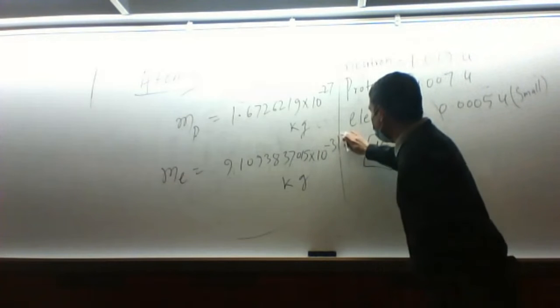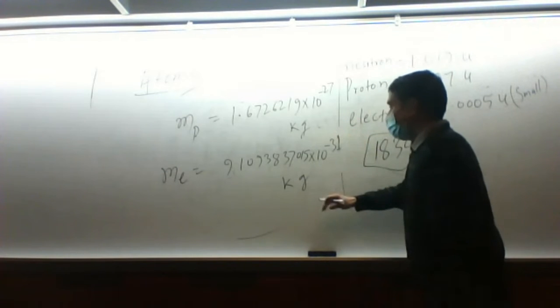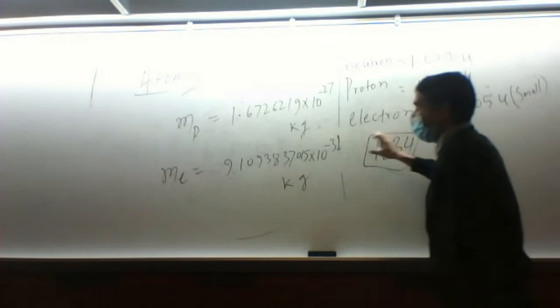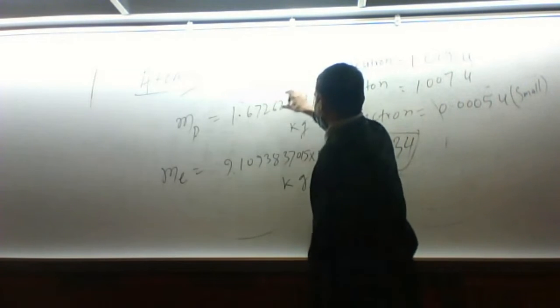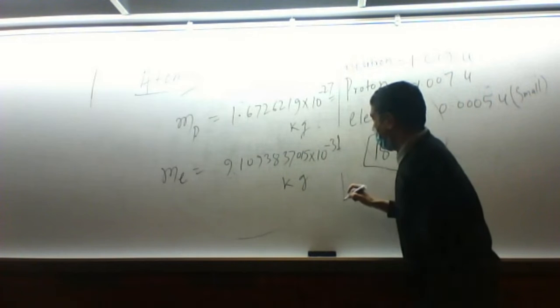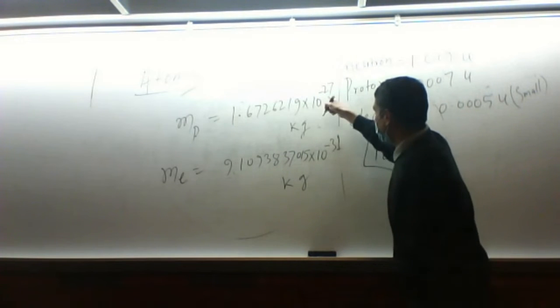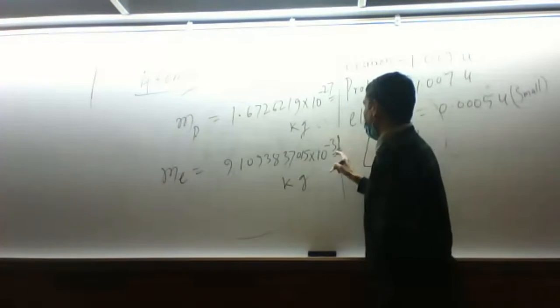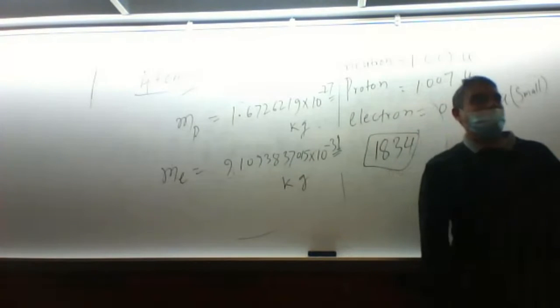So if you talk about the mass of the proton and electron in terms of kilogram, the mass of the proton is 10 to the power minus 27 kilogram, but the mass of the electron is 10 to the power minus 31 kilogram.